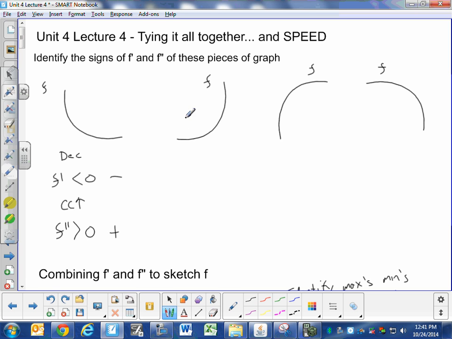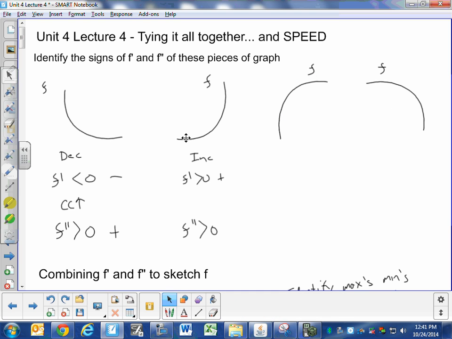And I can keep going down the line. Now we are increasing. That means our first derivative is positive. And we're concave up still. Second derivative remains positive. And I can keep going. If you can kind of combine this, you can see how this looks like x squared. So in the graph of x squared, we have a piece that is decreasing concave up and a piece that is increasing concave up.